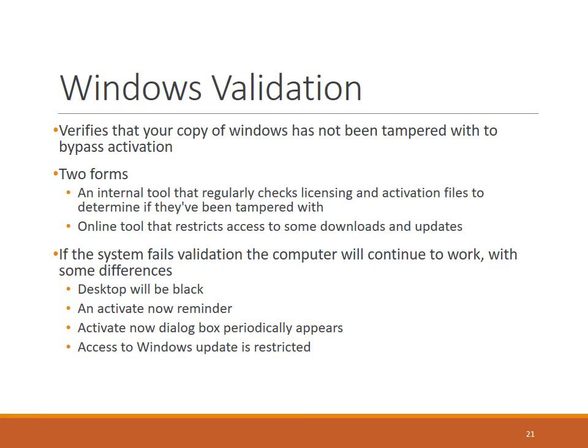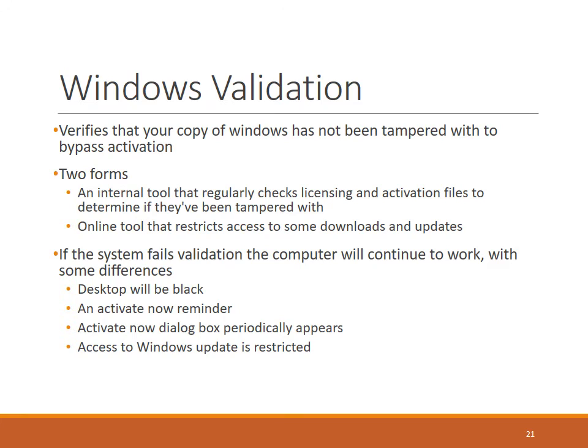Along with going through the one-time setup for activating Windows, Microsoft also continually requires you to prove that the copy of Windows you have is genuine. It verifies that the copy you have has not been tampered with to bypass activation. One way that I've seen a few people try to bypass the activation unsuccessfully would be to clone your hard drive and put it into another computer.